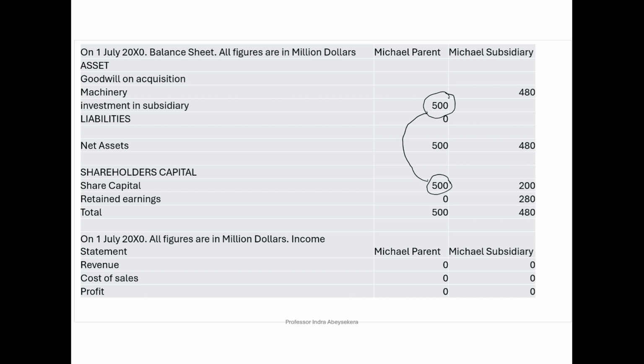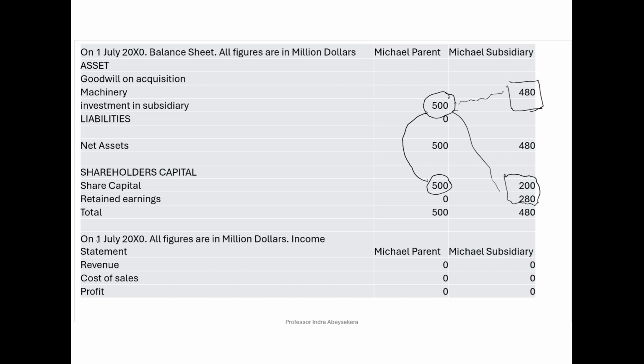This investment was used to acquire the shareholders' equity of the subsidiary, where Samuel is there with 20% ownership remaining, and it's represented by machinery, which is 480 million.